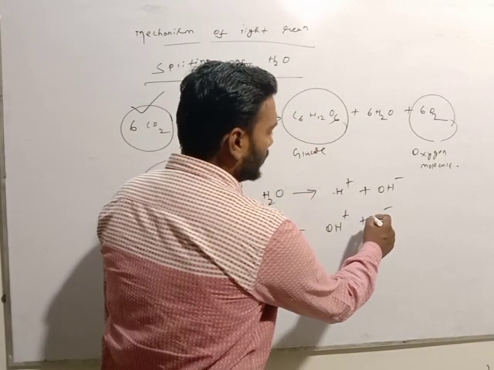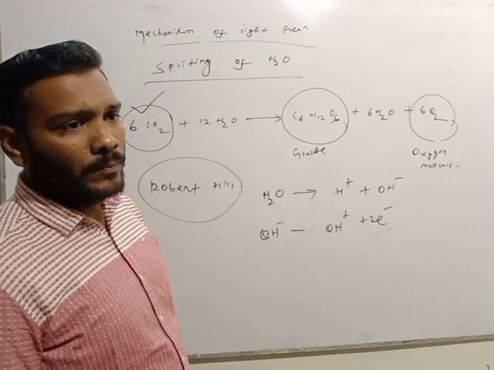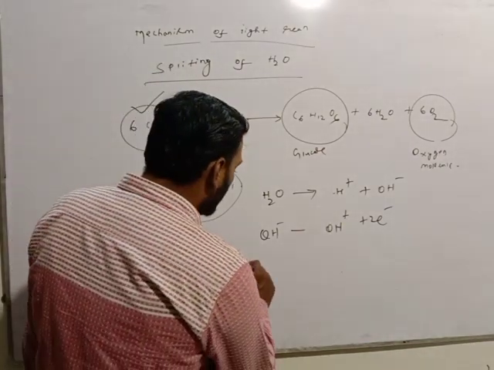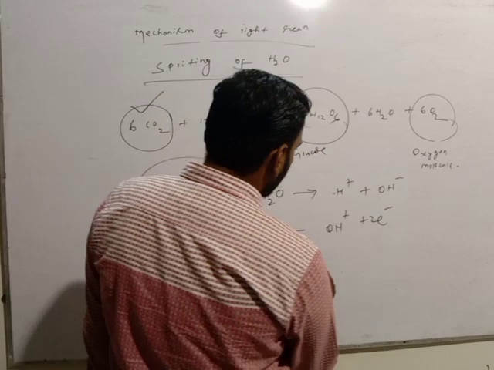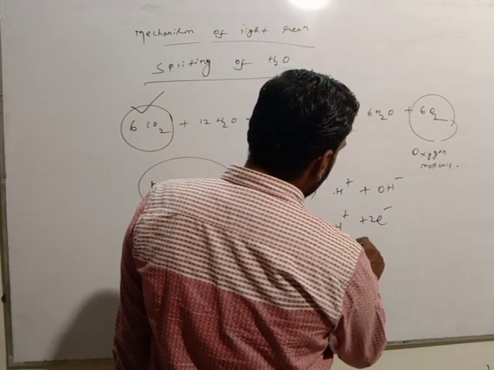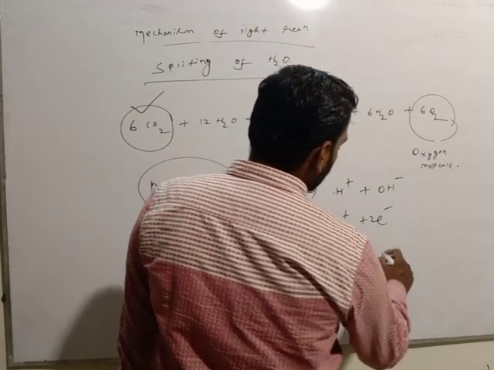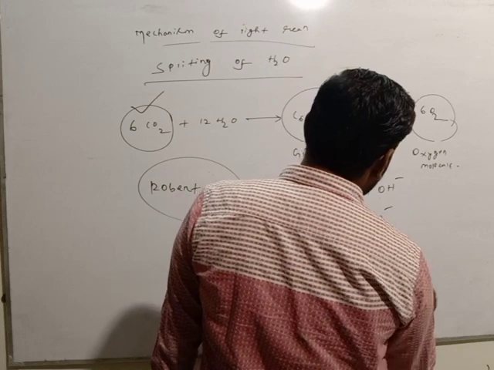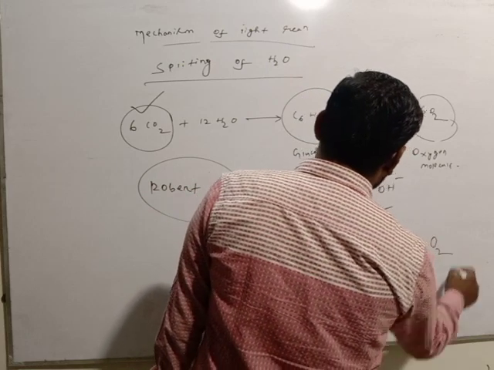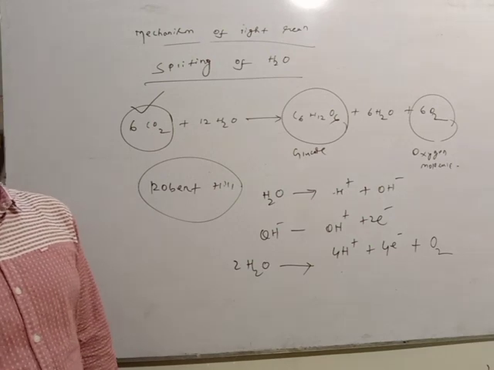Taking 2H2O, we get 4H plus plus 4 electron minus plus O2. Is it okay?